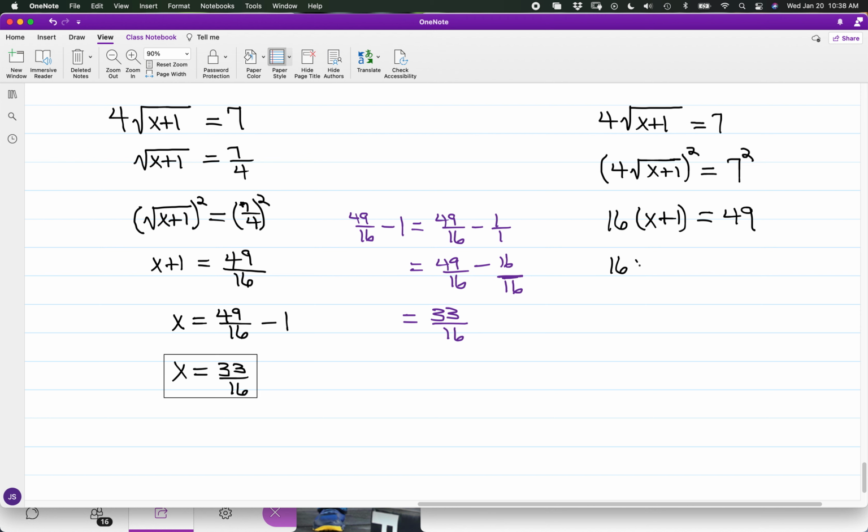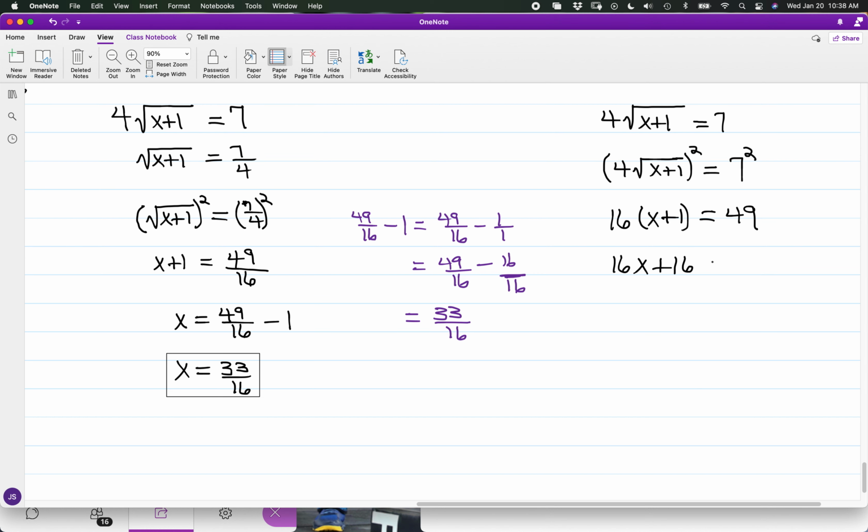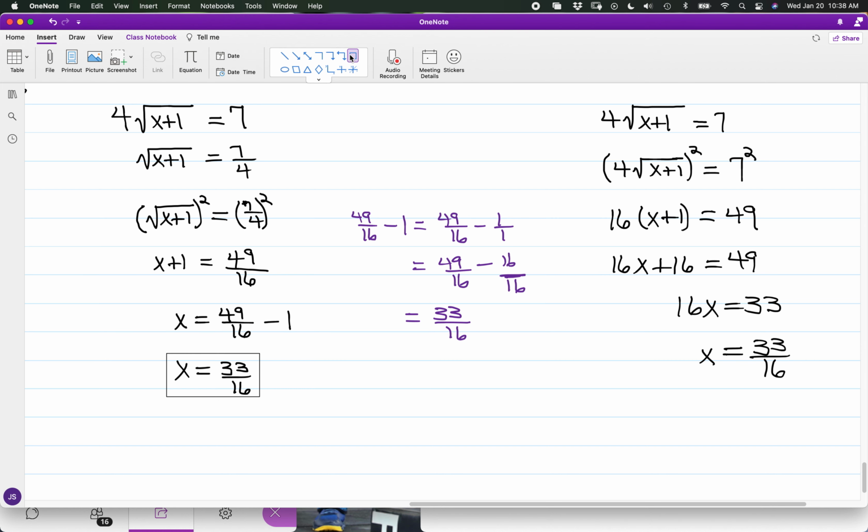So this becomes 16x plus 16 is equal to 49. If I take 16 away from both sides, 16x is equal to 33, and you still come out to 33 over 16. Two different pathways, both correct, with the same result: 33 over 16.